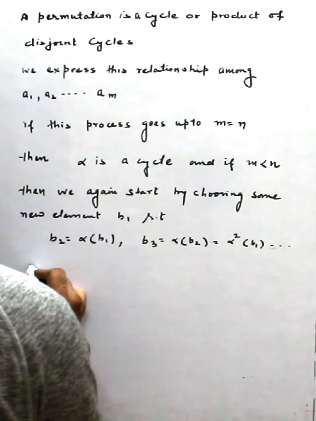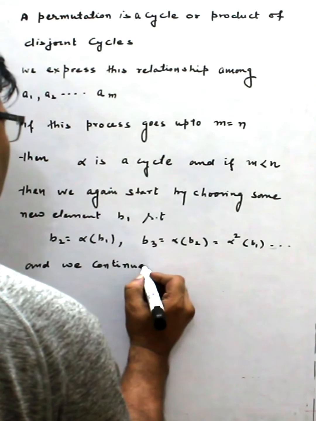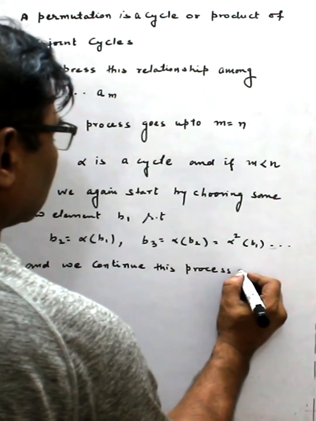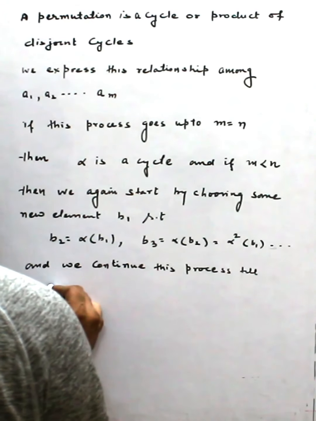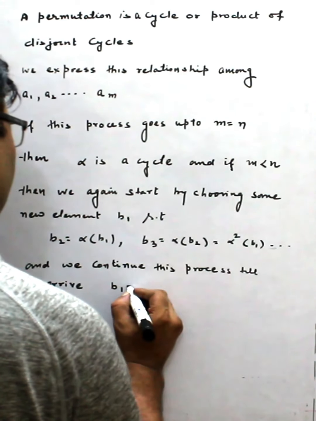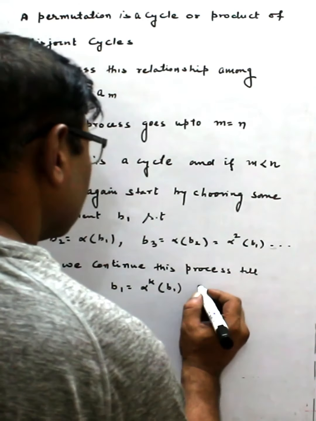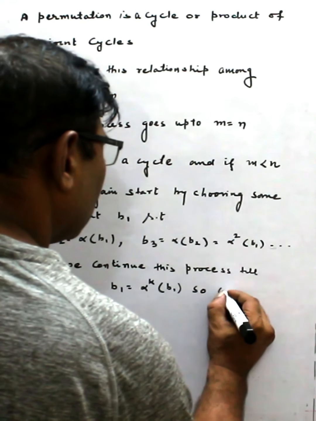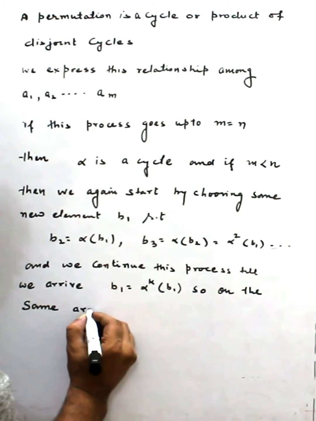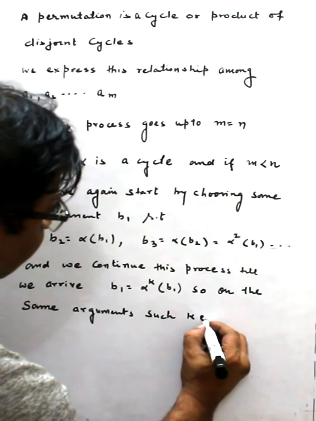We continue this process till we arrive at B1 is equal to alpha k B1. So on the same argument, such k exists.